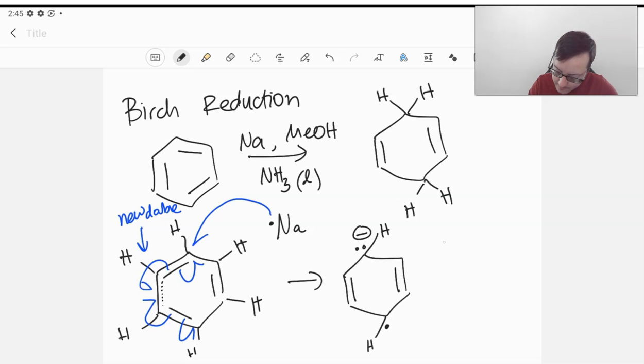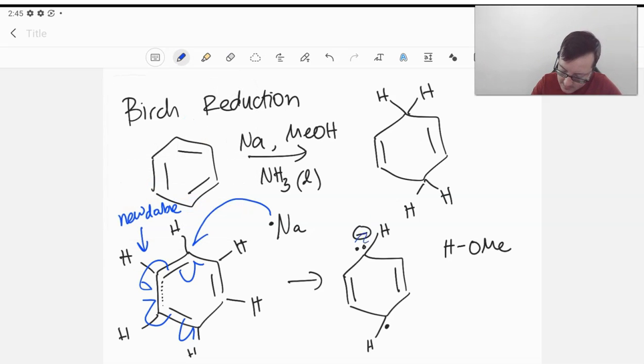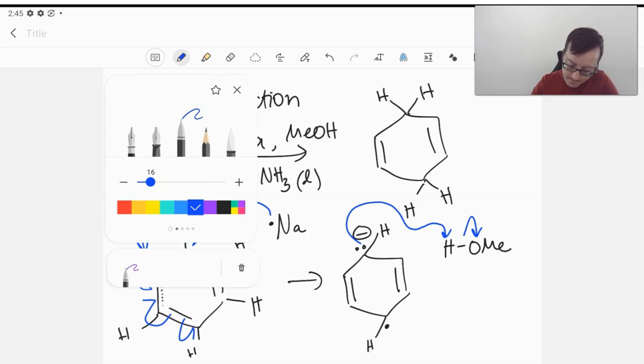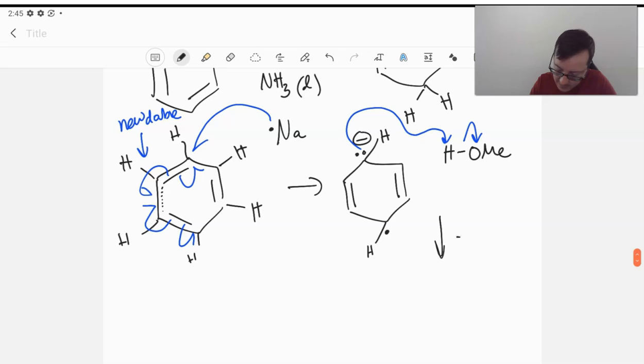Just like before, we have our proton donor, our solvent in this case, or rather the methanol. So our lone pair is going to grab one. Notice now we have a double-headed arrow, because this is a 2-electron process. So we will end up losing a methoxide ion.